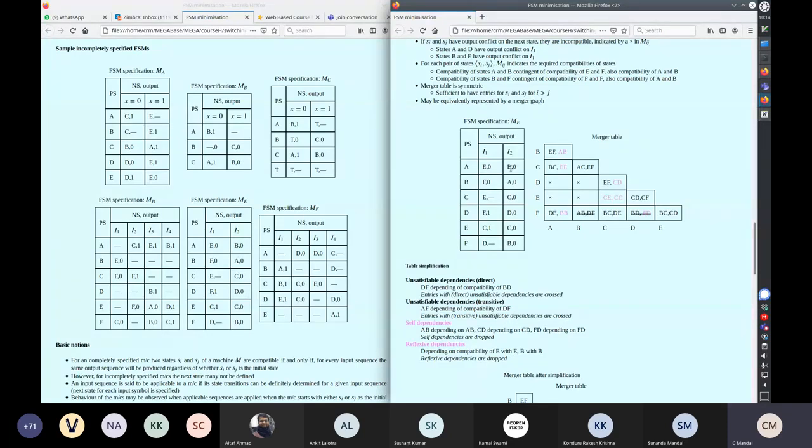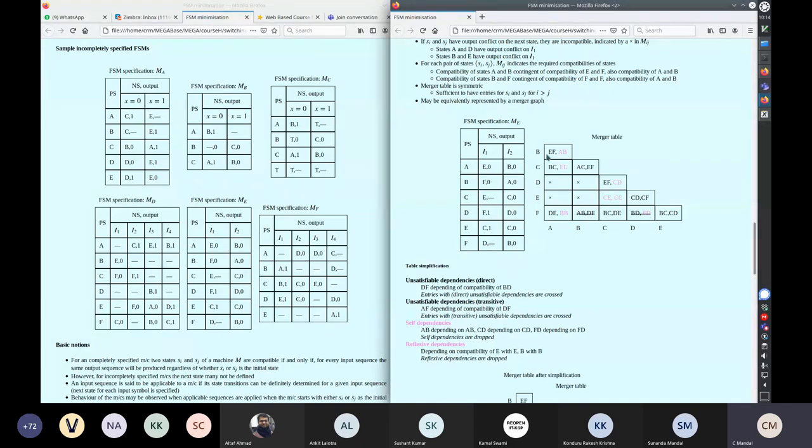For input I1, the output is 0 and the transitions are to states E and F respectively. So for A and B to be compatible, E and F must also be compatible. That's what we have written here.